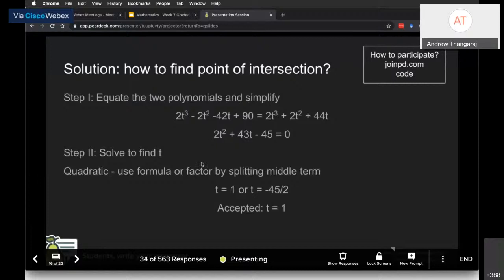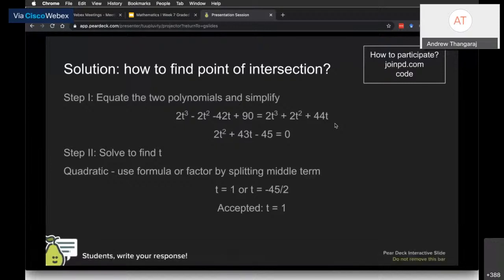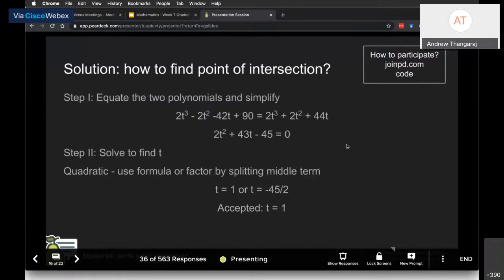It's very simple in some sense, but sometimes a situation can get a little more complicated. So in this slide, you have a box. What I want you to respond in this box is, it was very convenient that t cube got cancelled, so you're able to easily solve the quadratic.